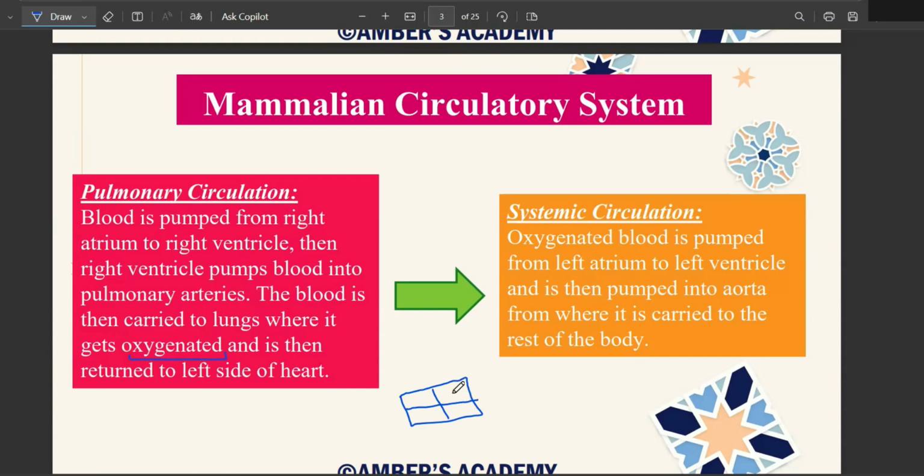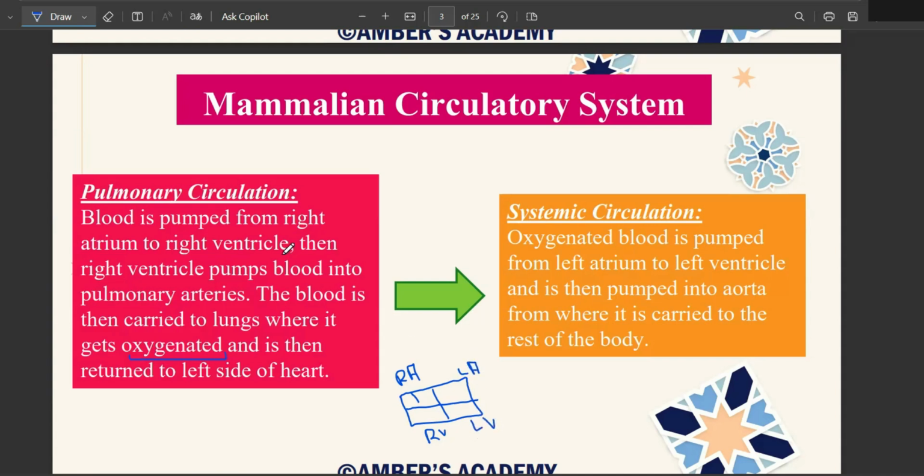So this is not the right atrium or right ventricle. This part is going to be the right atrium and right ventricle. This is my left side, but the patient has this side as right. So this is the right atrium, this is the right ventricle, and this is the left atrium, and then we have the left ventricle.